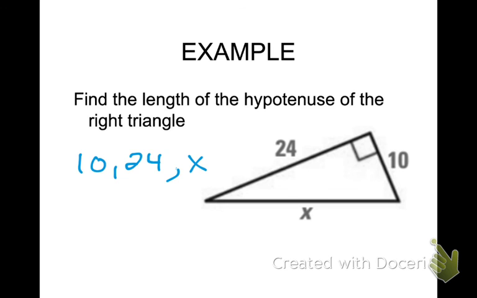Take out 2, right? If I divide by 2 here and by 2 here, I get 5, 12. And then what should be the match to that? It should be 5, 12, 13, which means x would have to be 26, because what do I have to take half of to get to the 13?